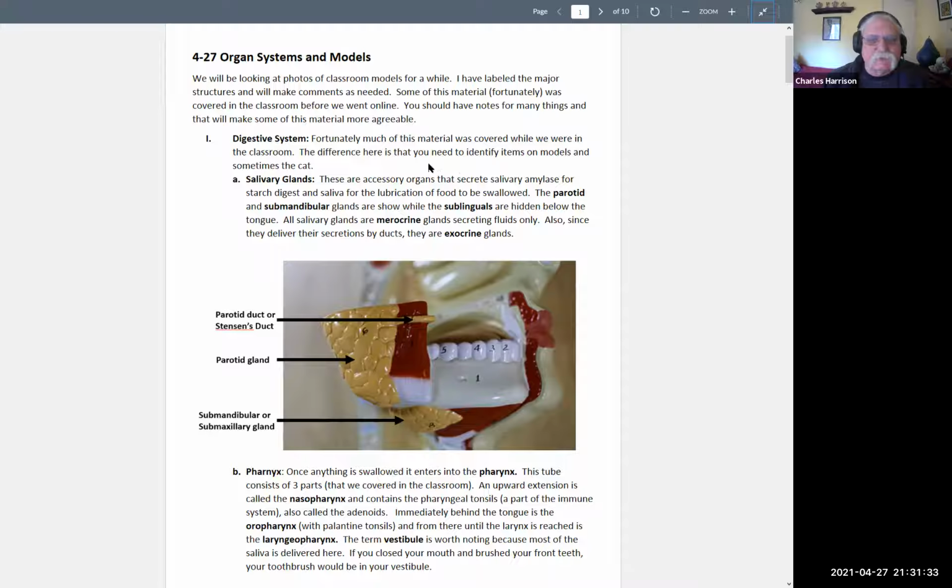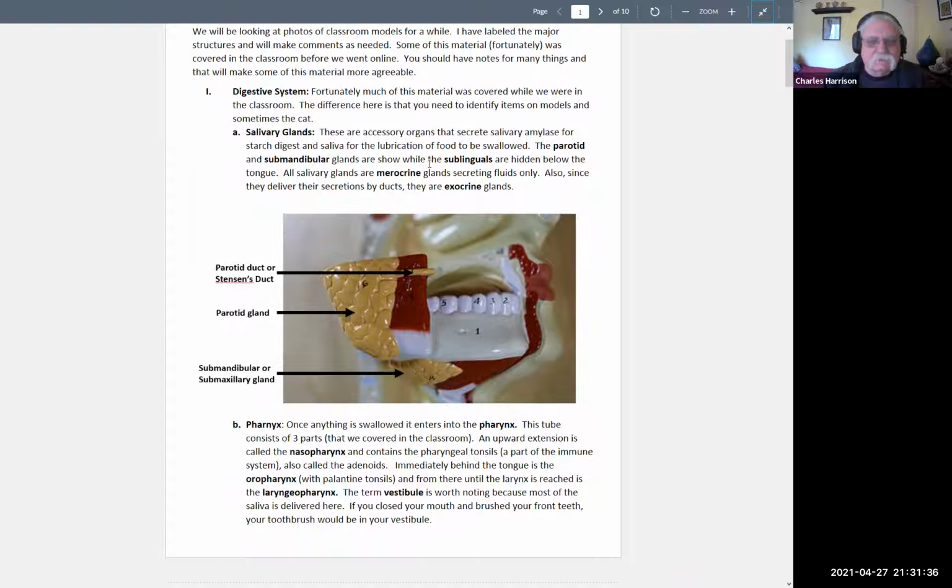The first part of the text here refers to the salivary glands. The salivary glands, there's three sets. The parotid, which are the largest, they're located here on the side of the face. Now this model cuts off the top, but I have other pictures that don't.